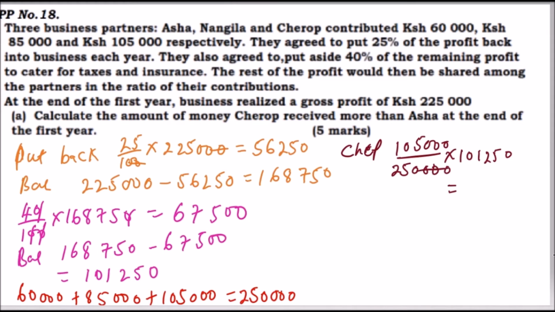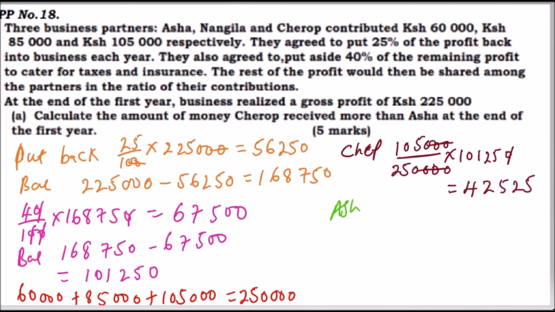You can simplify there by dividing the zeros, and when you multiply that, you find that Cherop got 42,525.